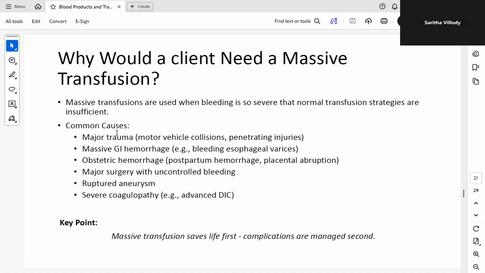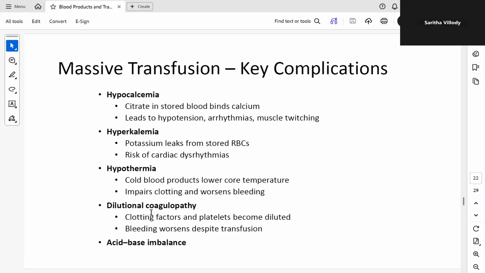So these are the common causes of massive transfusion, like major trauma, motor vehicle collision, GI bleed or hemorrhage, esophageal varices. Remember, that's a medical emergency. Postpartum hemorrhage, placental abruption, major surgery with uncontrolled bleeding, aneurysm bleeding, severe coagulopathies. All of this could go into massive transfusion protocol.